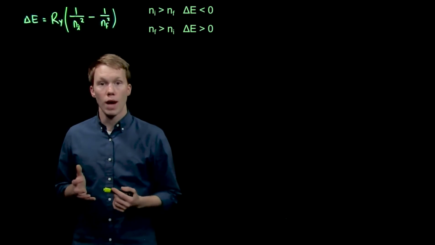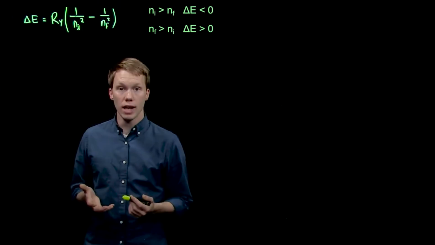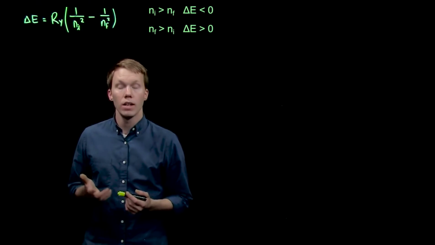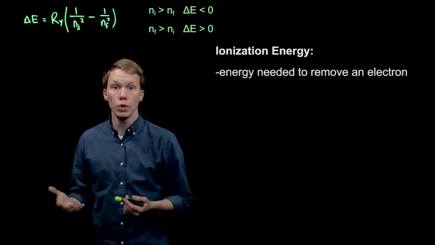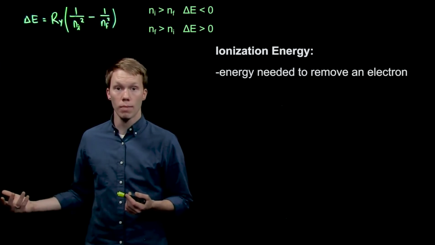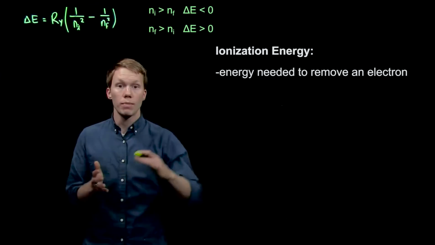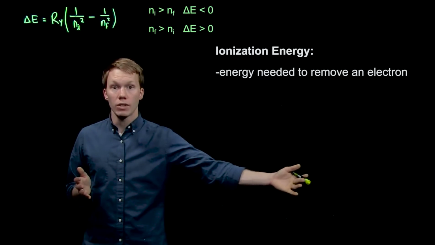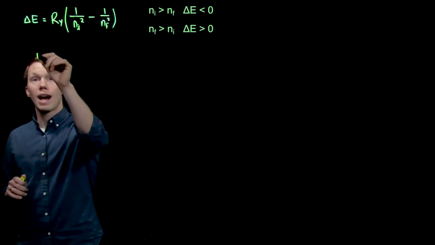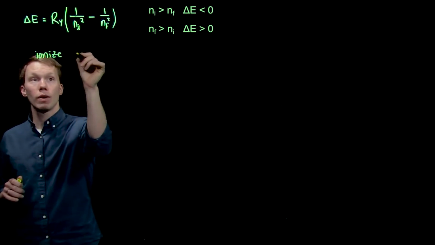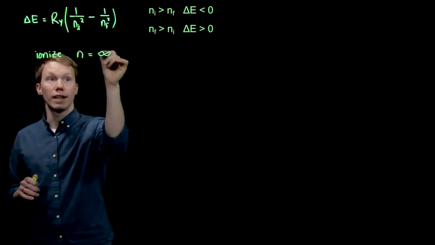Another thing that Bohr's model will accurately predict is the ionization energy for the hydrogen atom. So ionization energy is the amount of energy required to actually remove an electron completely from an orbit. So that would be taking that electron and moving it to an infinite distance from the nucleus. So to ionize, we would have to go to n equals infinity.